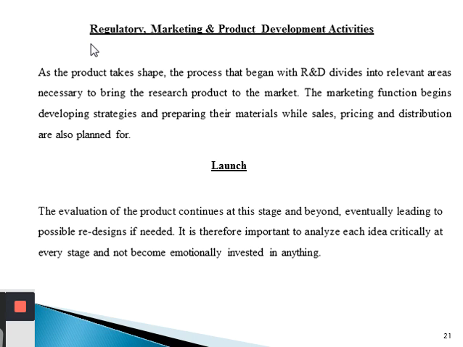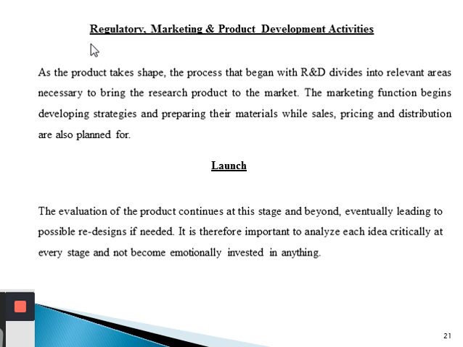Then next point is regulatory, marketing and product development activities. As the product takes shape, the process that began with R&D divides into relevant areas necessary to bring the research product to the market. See, what is the meaning of this line? The product takes shape. When the product has been formed, then the process has started with R&D department, with production department.